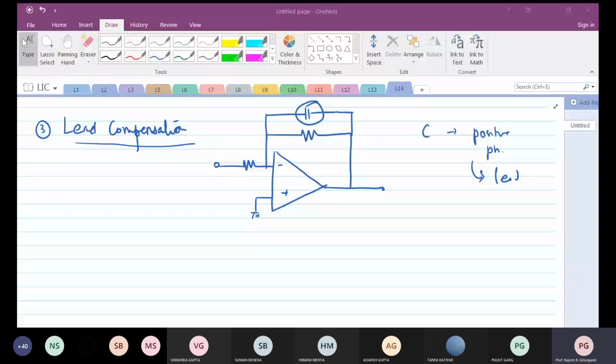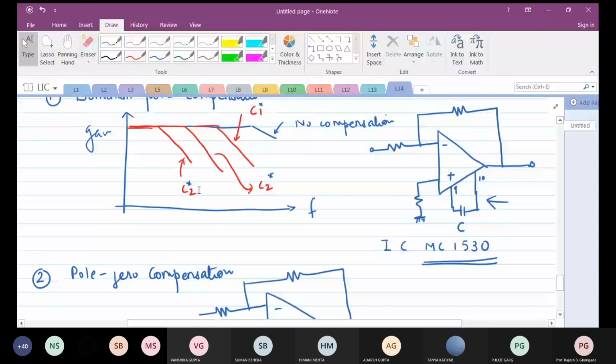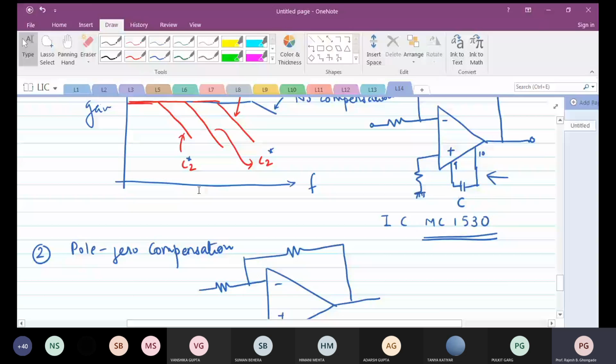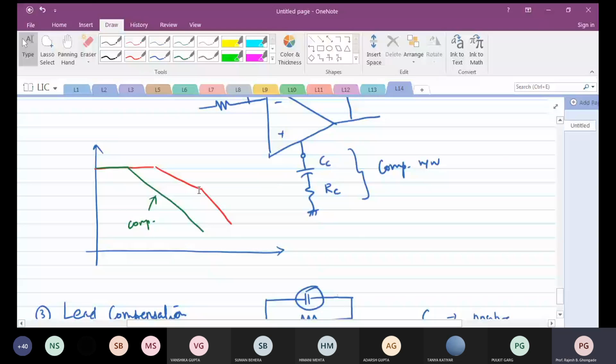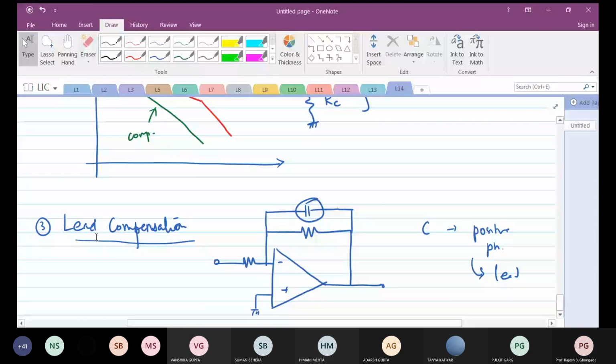So have you understood these three types of frequency compensation? Basically, why do we require frequency compensation? To avoid the instability. And how is it done? It is done either by adding poles, or adding poles or zeros, or by adding an additional positive phase shift using this capacitor.